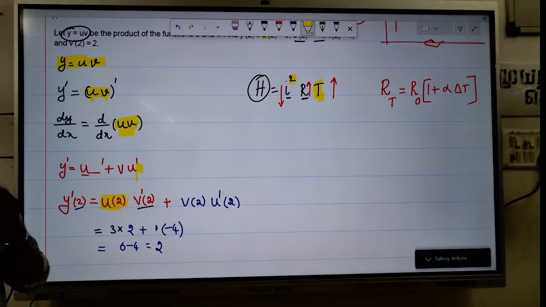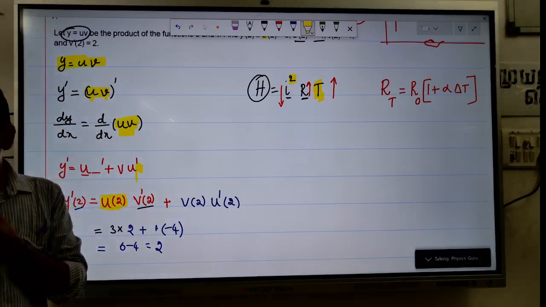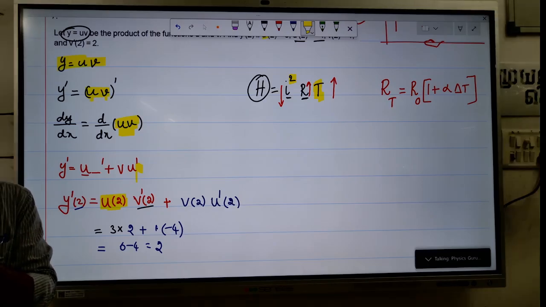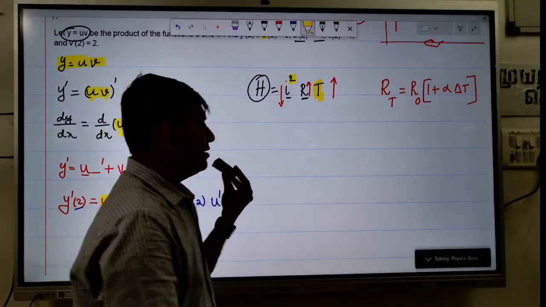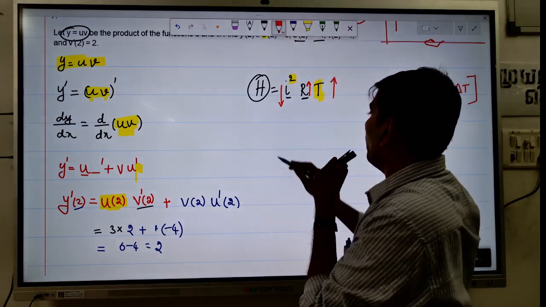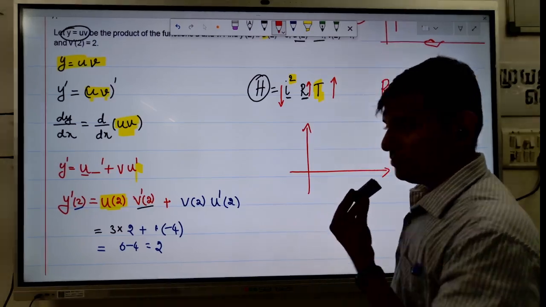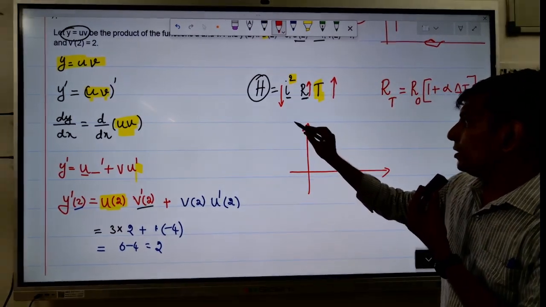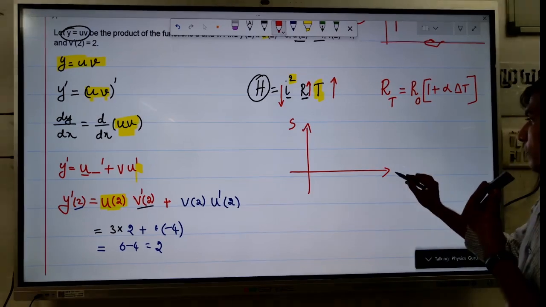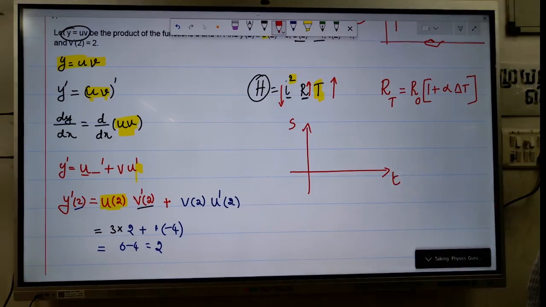Got it? அதை உங்களால எப்பயுமே என்ன பண்ண முடியாது? ஒரு கிராஃபா போட முடியாது. Watch this. I plotted a graph. I taught everything with the help of a graph. So we said displacement varies with time.